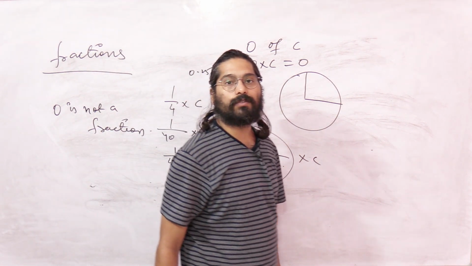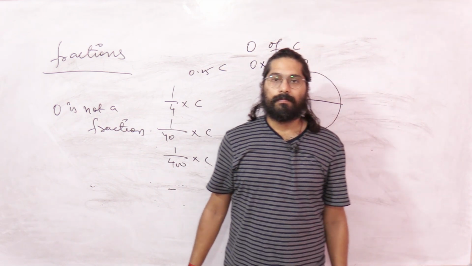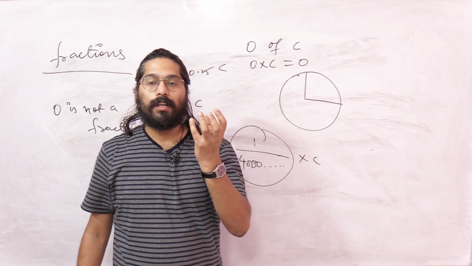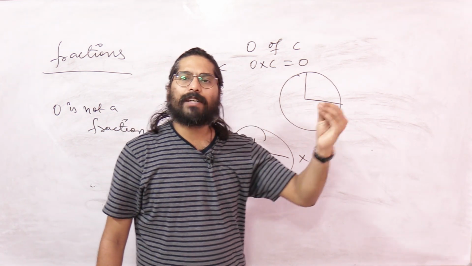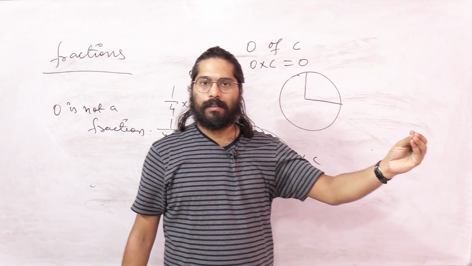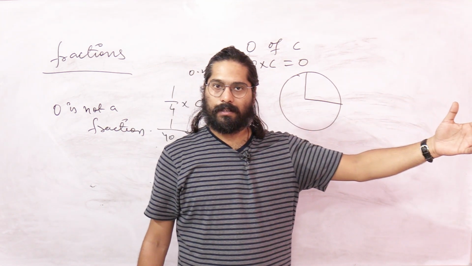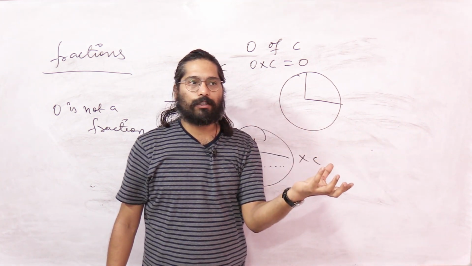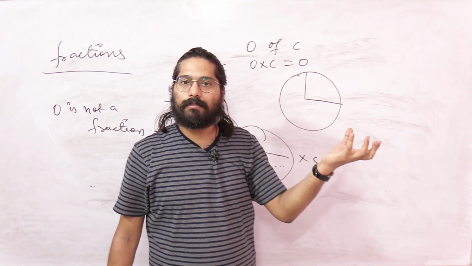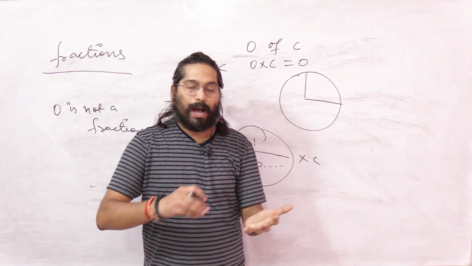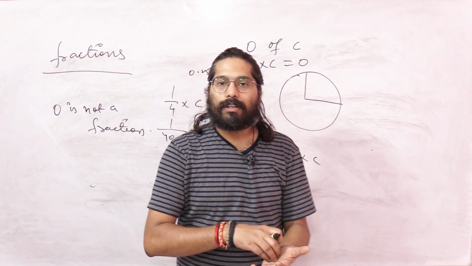That is the reason why 0 is not a fraction, because 0 is an empty number, and a fraction always means some part of something, and the 0th part of something means no part of anything. We have not taken any part of whatever thing we are concerned with, and that is the reason why 0 is not a fraction.